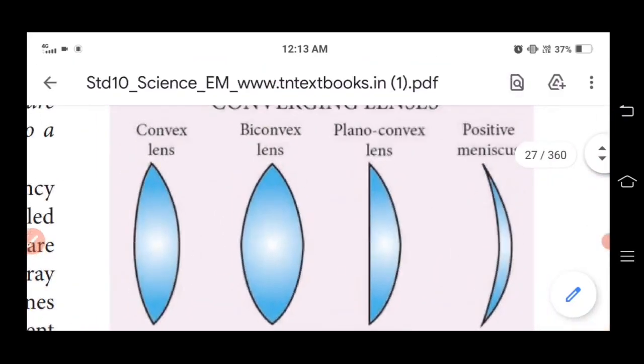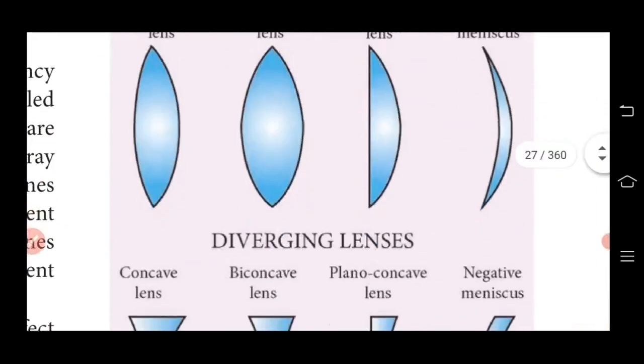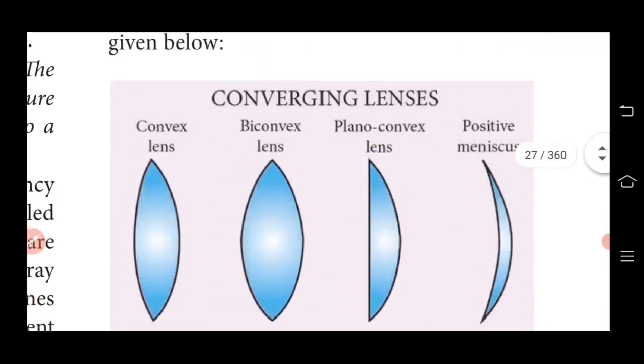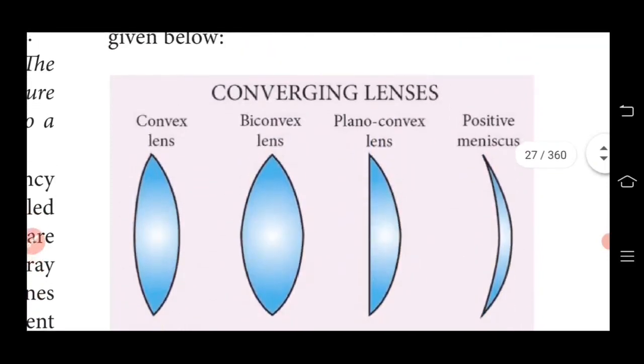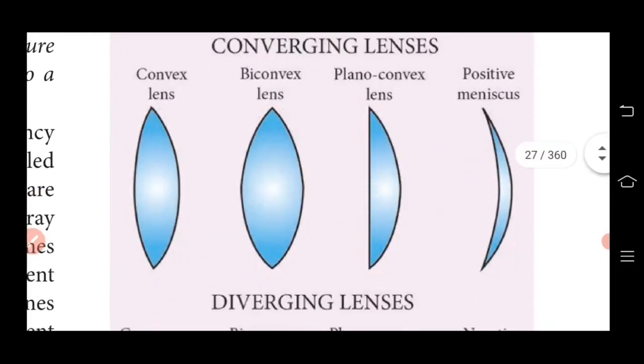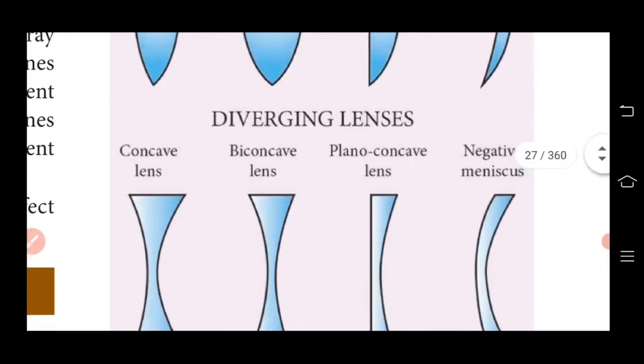for the lenses, different types of lenses: converging lenses and diverging lenses. A converging lens is a convex lens. A convex lens is also known as a converging lens, and a concave lens is also known as a diverging lens.